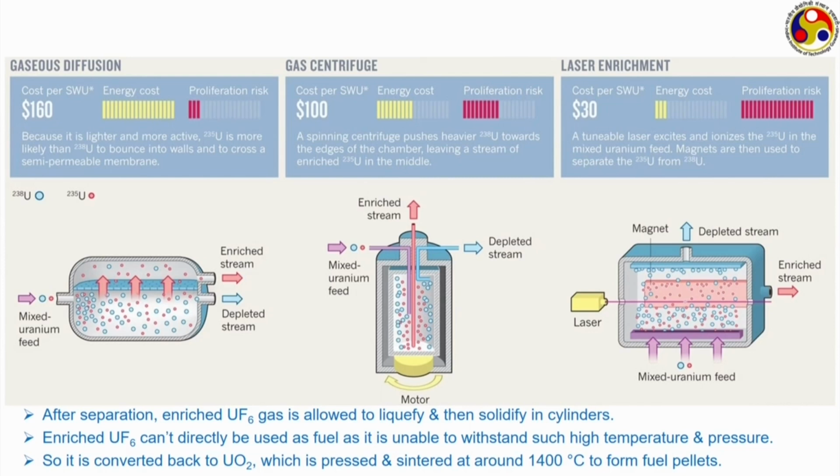It is then pressed and sintered at around 1400 degrees Celsius to form fuel pellets. Pellets can be rectangular block shaped or cylindrical shaped, like we have talked about earlier. This 1400 degrees Celsius up to which we need to sinter the UO2 is too high for UF6, and that is why we do not use UF6 directly as the fuel.